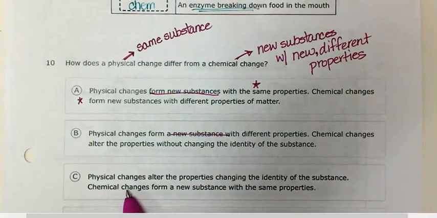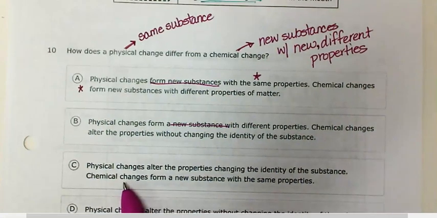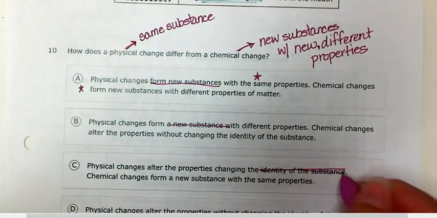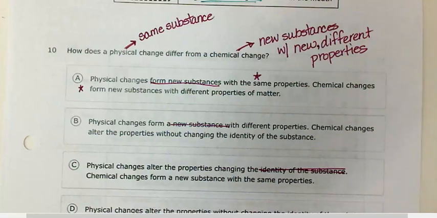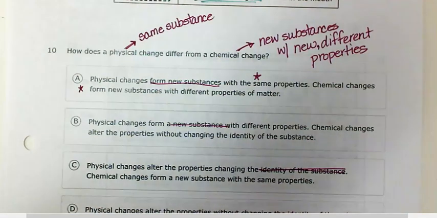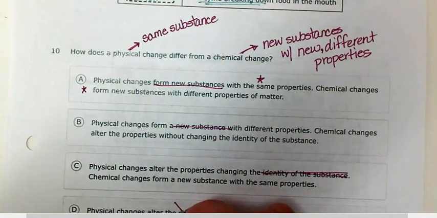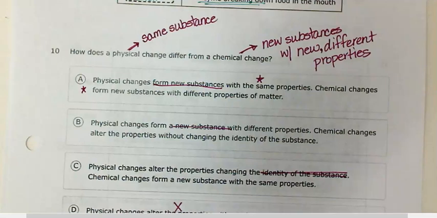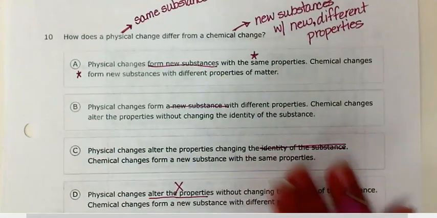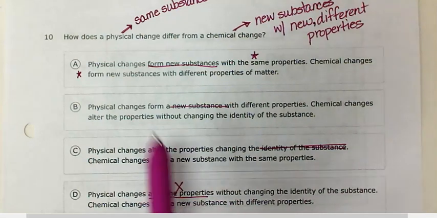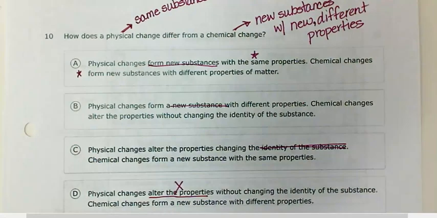Physical changes alter the properties, changing the identity of the substance. Nope. If it's water, it was still water. Physical changes alter the properties without changing the identity of the substance. Okay, alter the properties. That kind of indicates chemical change. So even though I originally glossed over it, I think A is your best choice.